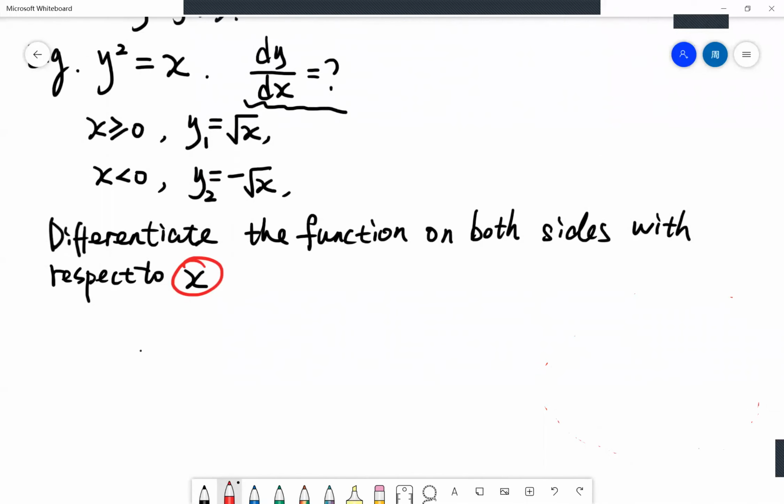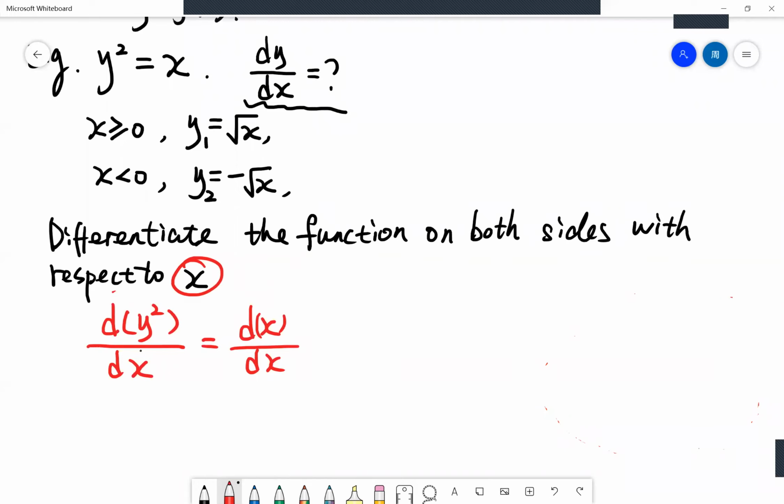So we can do the following: dy squared by dx equals dx by dx. This means differentiate the function on both sides with respect to x, right?